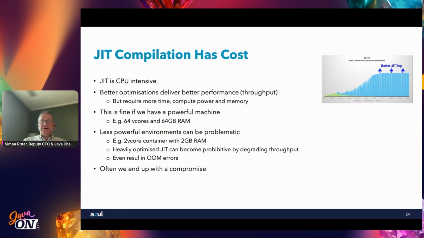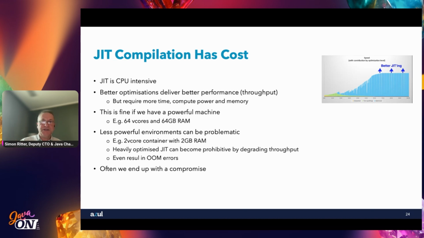Now, the other thing we need to understand, as we've already explained, is that JIT compilation has a cost. The fact that we have to do the compilation whilst the application is running means that we're using the resources of the underlying machine at the same time as we're trying to run the application code. The thing about that is that we have to compromise on what we do, because JIT compilation can be taken to different levels.